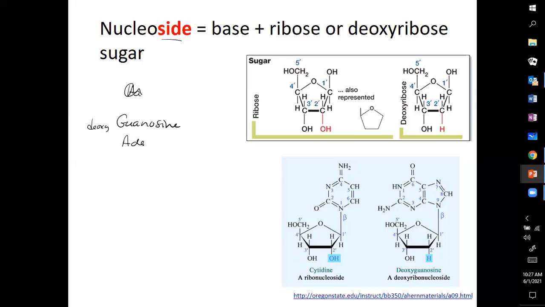Adenine becomes adenosine, and deoxyadenosine if it's attached to a deoxyribose sugar. Cytosine becomes cytidine, or deoxycytidine. Thymine becomes thymidine.